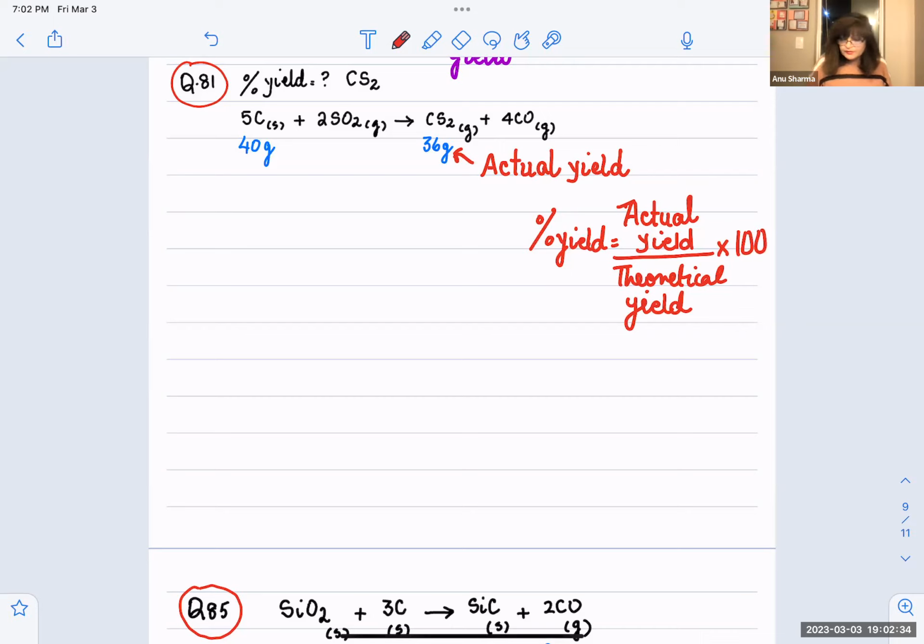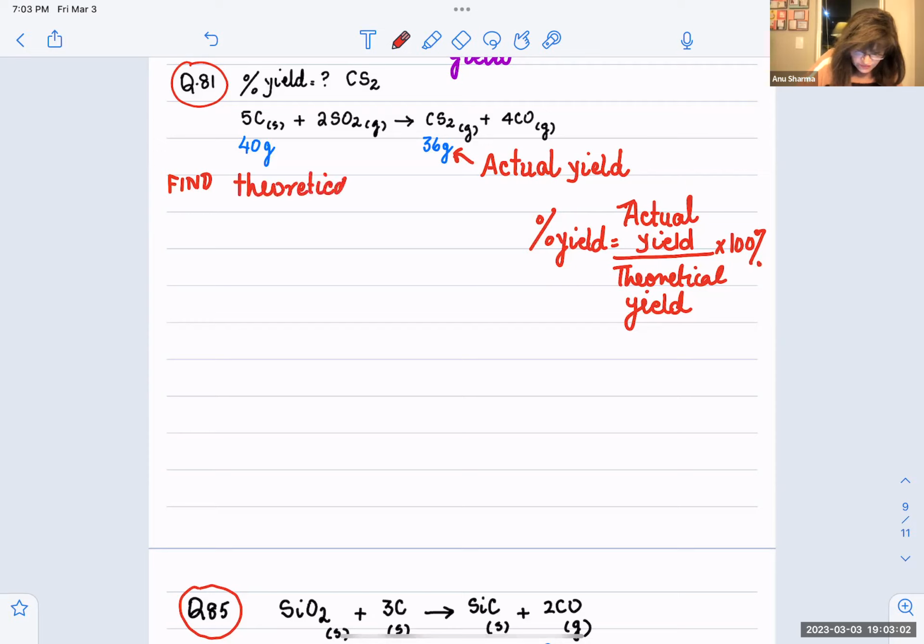Okay, 100%. Sorry, I'm just swamped with space. Okay, so that's your formula. So in this case, actual is given. So you have to first find the theoretical yield. Okay, find theoretical. And how are we going to find theoretical?